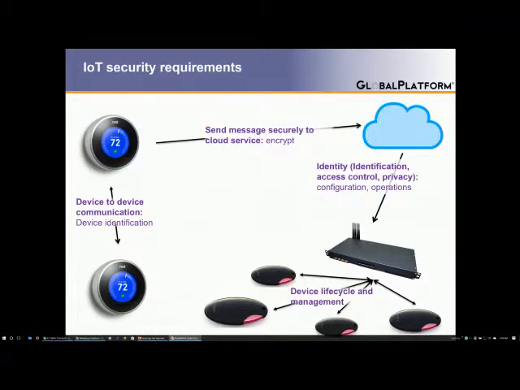If it's coming through a gateway, we need to make sure that the gateway has some kind of way to identify who is coming through, for identification purposes, access control, and privacy issues. So there are many different aspects in the IoT landscape of what is required for a successful network to operate, and at the same time to protect itself from intruders and attacks.